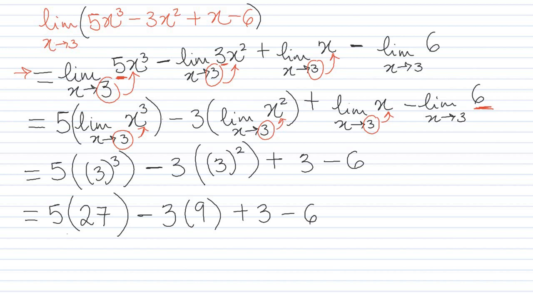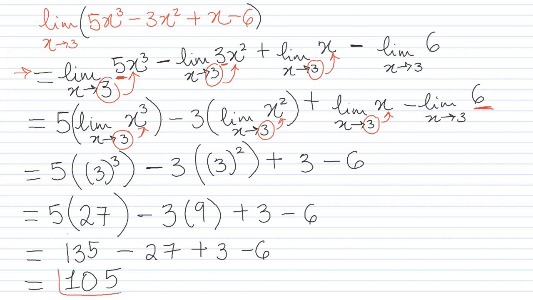So 5 times 27 is 135, minus 3 times 9, which is 27, plus 3 minus 6. When you input that into a calculator, the answer is 105. So this is basically your answer right here.